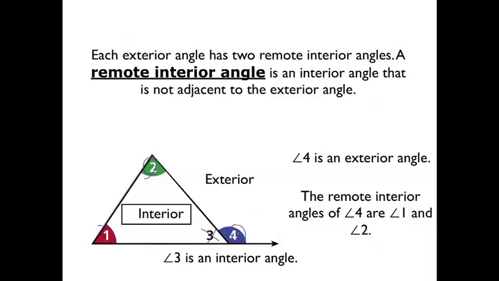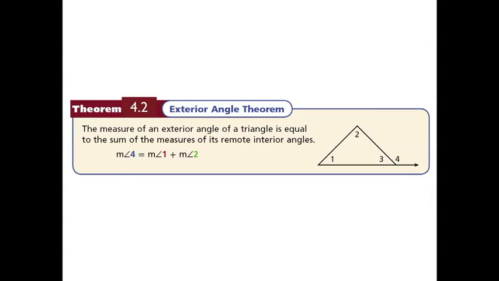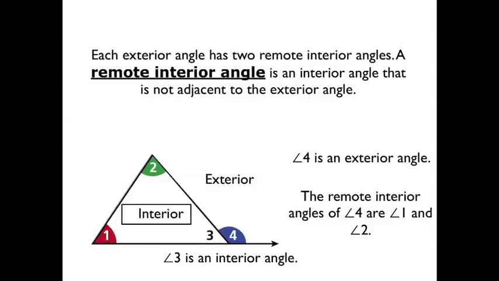Now, I can also extend this side here, like so, and create an angle 5 that's an exterior angle. Now from angle 5's perspective, it's connected to angle 2.